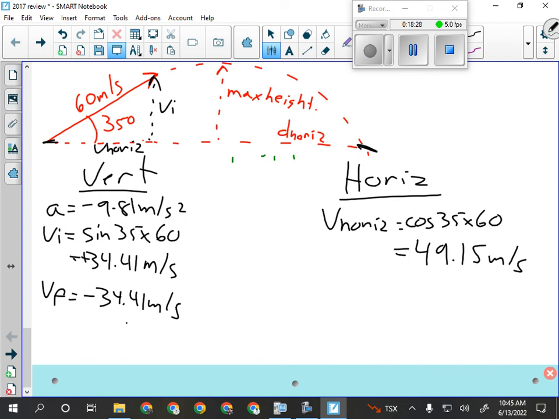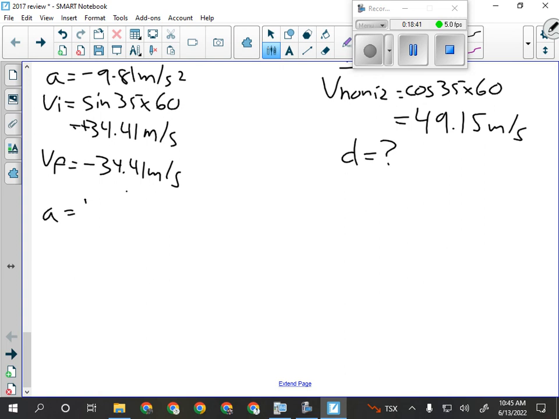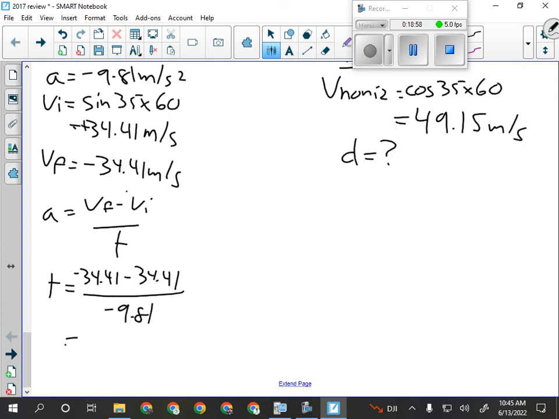All right, if I'm going to find the horizontal distance, what am I missing? Time. Okay, can I find that with the vertical information? Yes, I can. All right, so I'm going to use a equals VF minus VI over t because I have a and the two V's. I'm just going to manipulate for t. That'll be negative 34.41 minus 34.41 divided by negative 9.81 meters per second squared.